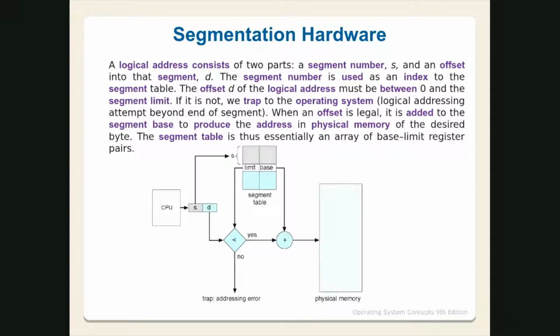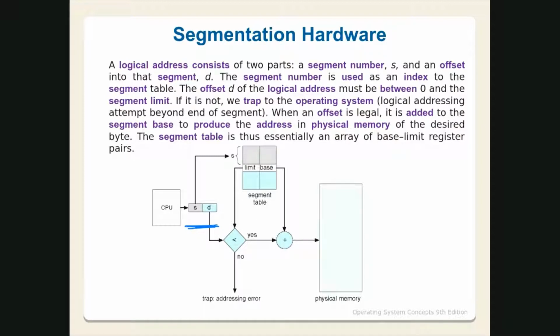As you see here in the slide, the CPU generates the logical address which contains two parts: S comma D. S is the segment number, and D is the offset.